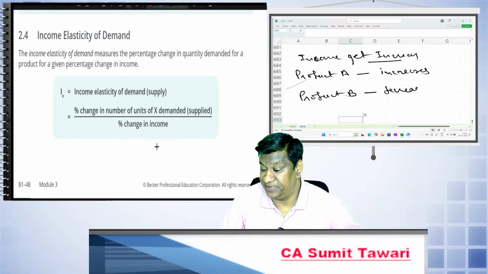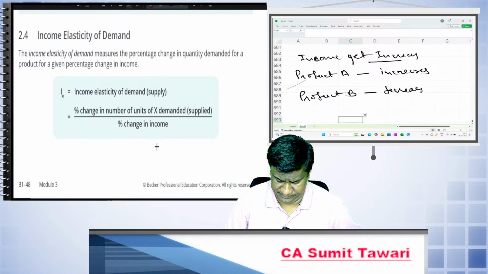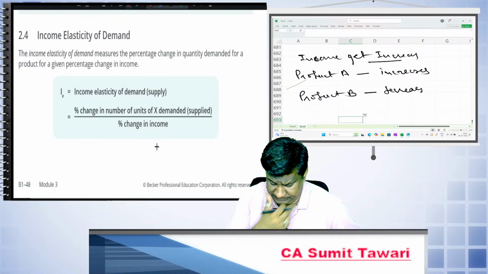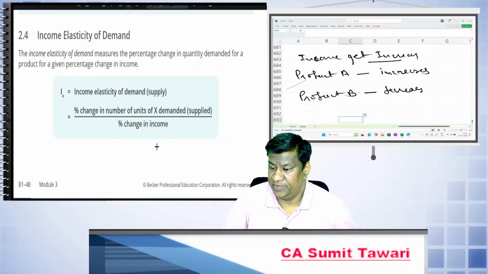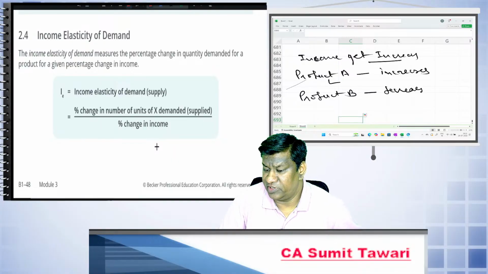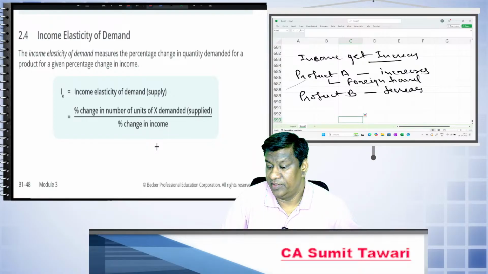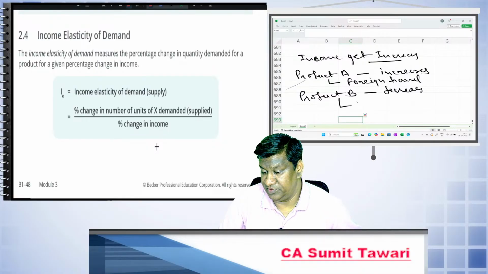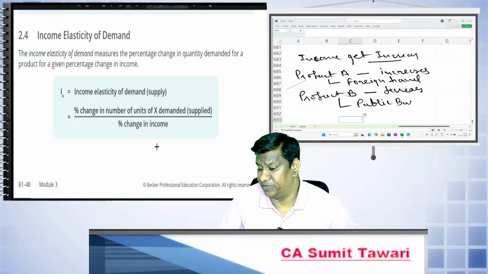Can you give an example? Product A means foreign travel. Product B means, how can I say, the use of public bus travel.